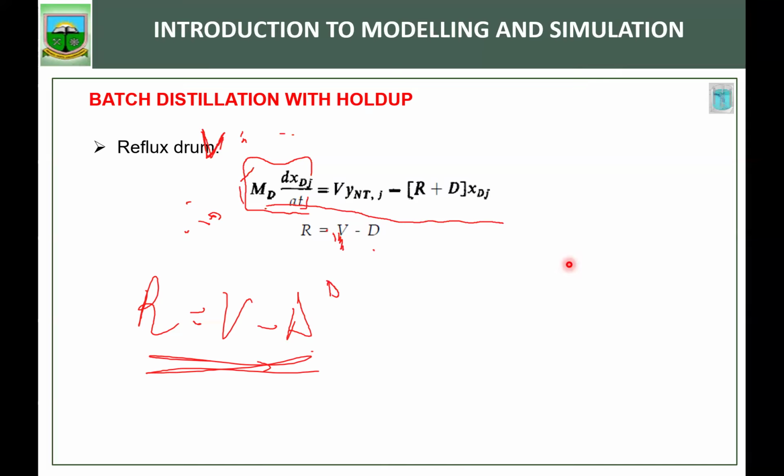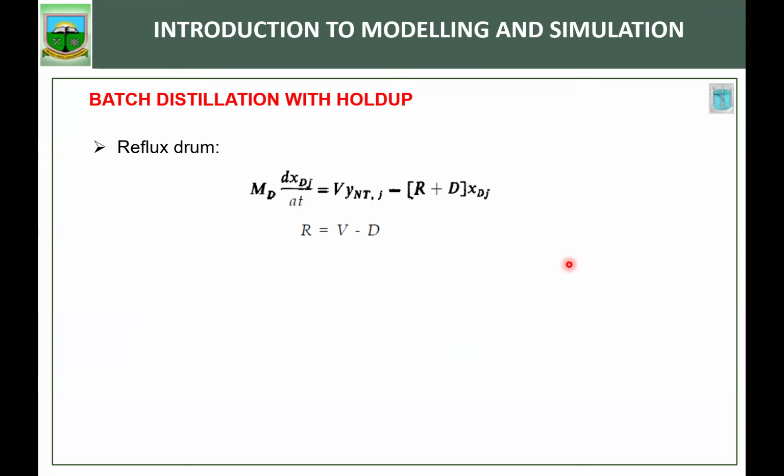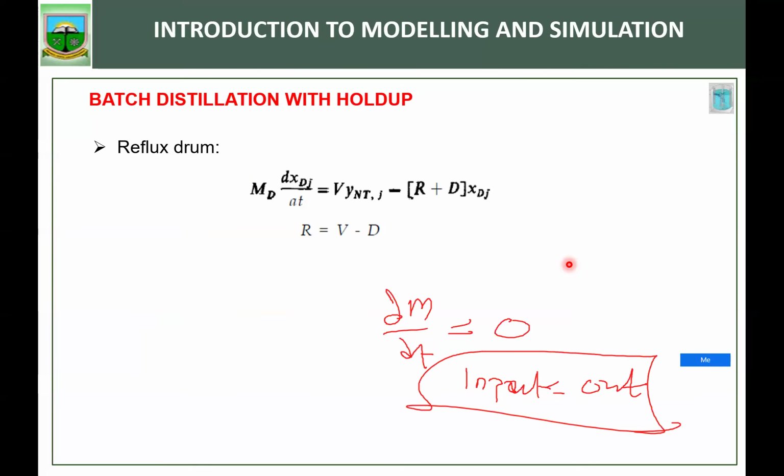So, in conclusion, we have talked about three different reactors here. Normal batch reactor. We established that for a normal batch reactor, the total mass balance is equal to 0 because the inputs are equal to the outputs, so there's no accumulation.